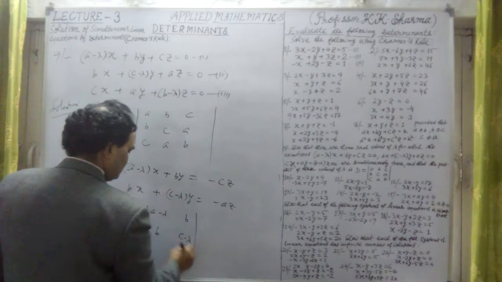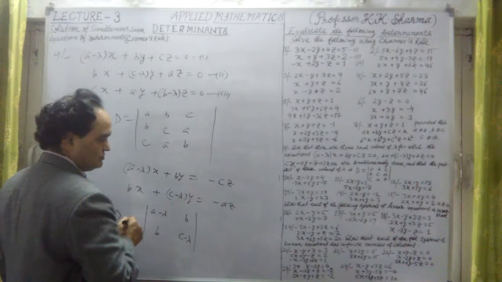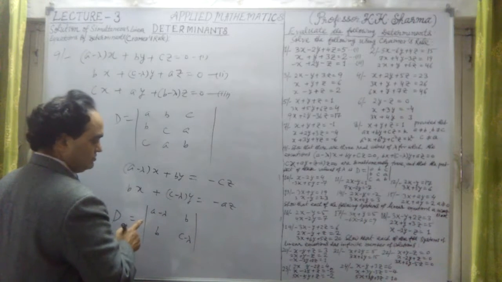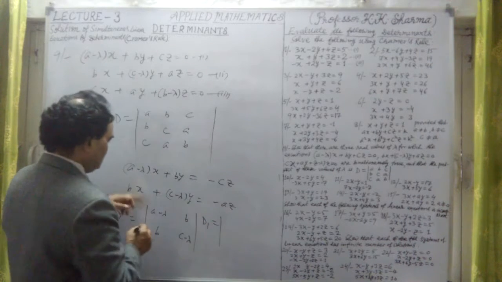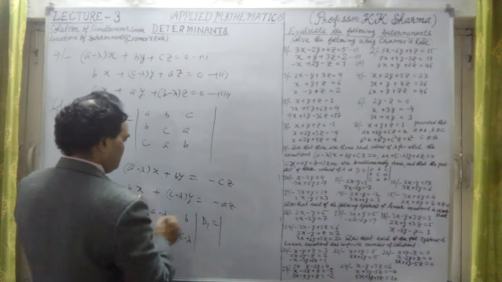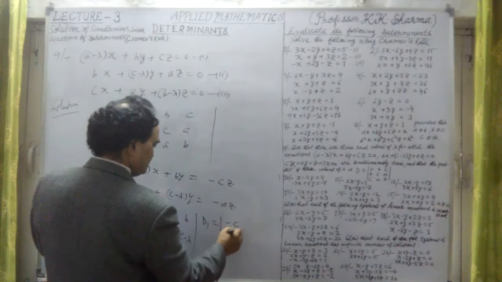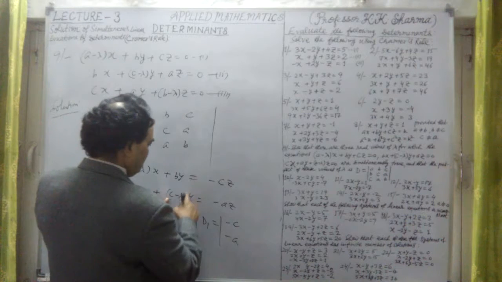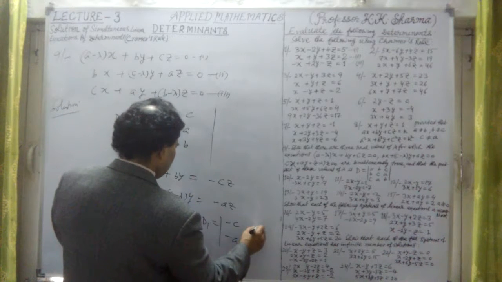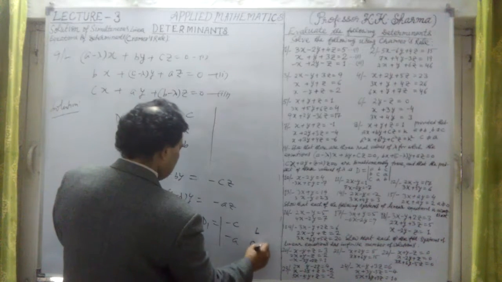This is the value of D. X and Y we are calculating, and D1 will be, in place of this, we have to write minus C, minus A in place of the coefficient of X. Here it is the coefficient of Y as it is, C minus lambda.